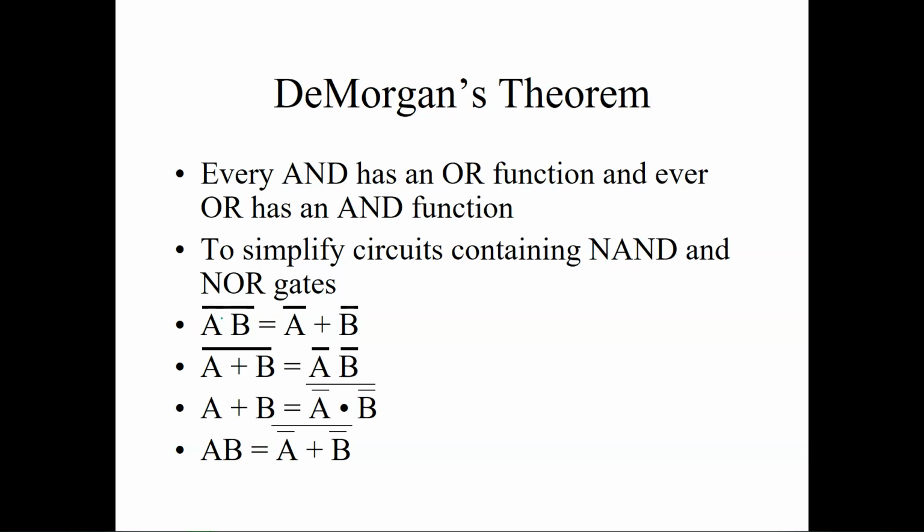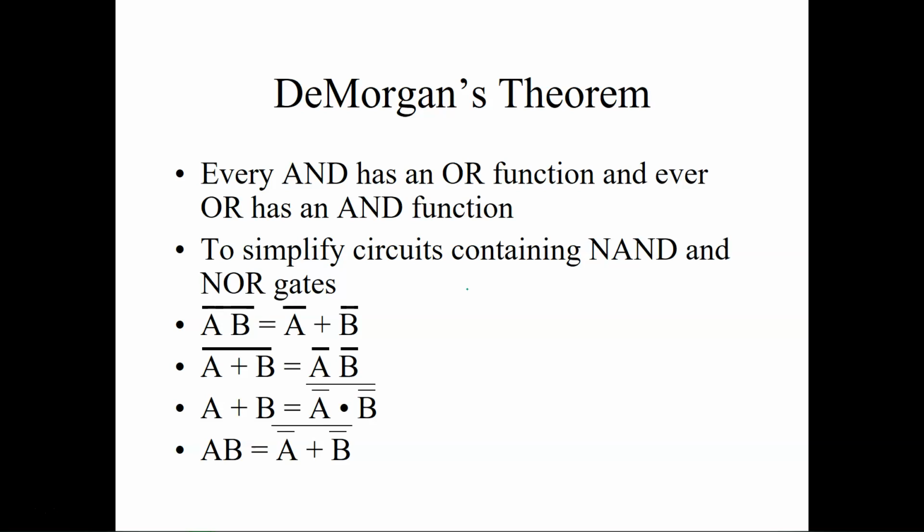So a NOR signal is equal to, I'm trying to think about how to say this correctly, but my words have been failing me today, so sorry guys. So this guy is essentially saying that NAND and NOR gates can be simplified to AND and OR.